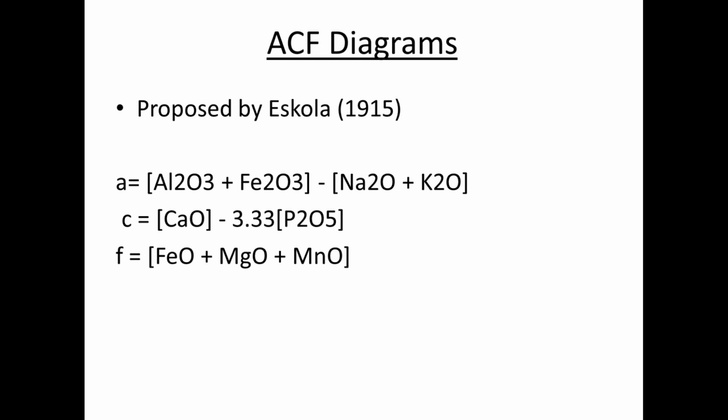Now the third component is F, which is FeO plus MgO plus MnO. Now this is a pseudo component which is based on the common exchangeability of iron, magnesium and manganese. In most cases, iron, magnesium and manganese show common exchangeability between the atoms. So that's why we have considered them as a single phase and they are renamed as F.